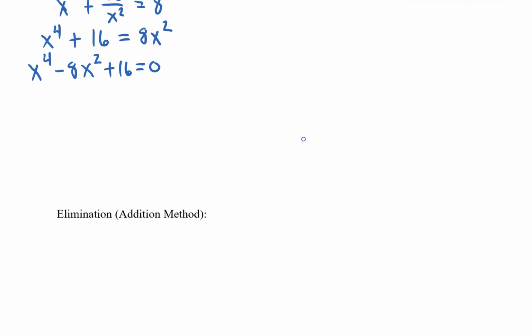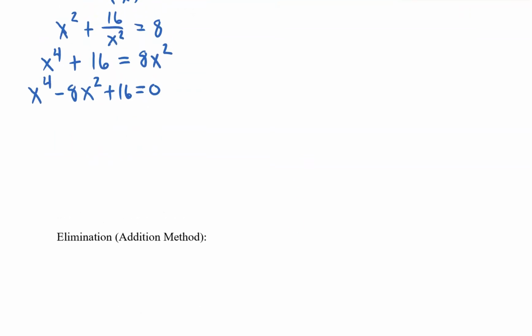And then I need to factor this. Well, looking at it, we could do this a couple of different ways. One way would just be to use a big X. The big X would imply that we have factors of 16 that add up to negative 8. Well, that would be negative 4 and negative 4.